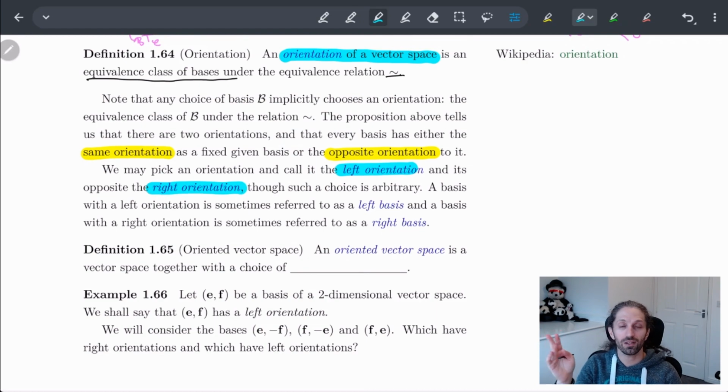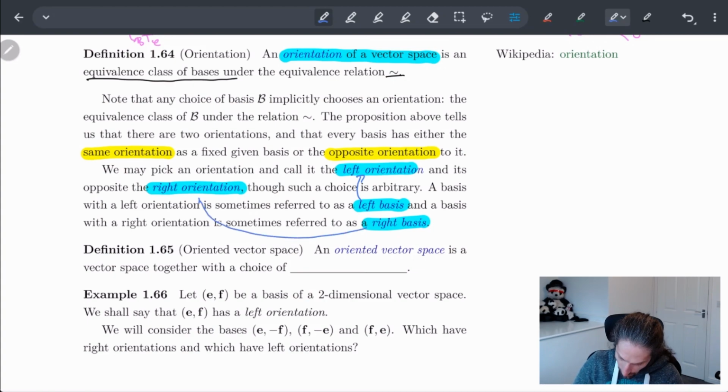We don't want to give preference, so this choice is arbitrary. A left basis is a basis that lives in the left equivalence class, so it has a left orientation, and a right basis will have a right orientation.